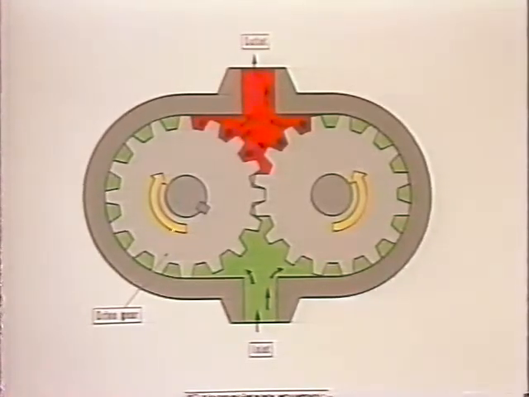Then the fluid is carried around the gears to the pump outlet. As the teeth go back into mesh, oil is forced out through the outlet port. As this operates, we now have high pressure at the outlet and less than atmospheric pressure at the inlet. This condition is referred to as unbalanced hydraulic loading.